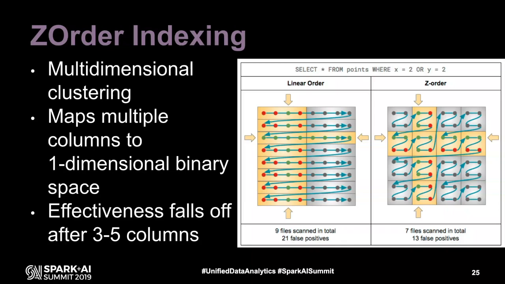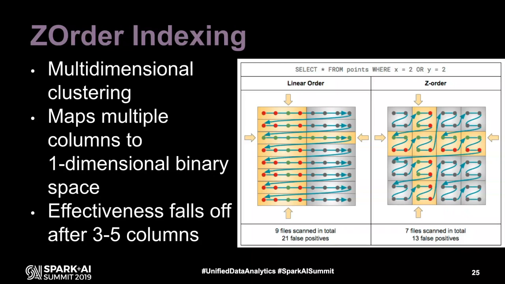However, Z-order has a limit to how effective it can be because it's just mapping into a binary space. And so effectiveness does fall off after 3 to 5 columns. Or if your data is really not co-grouped together in any way, not correlated, then Z-order will not end up being that effective.